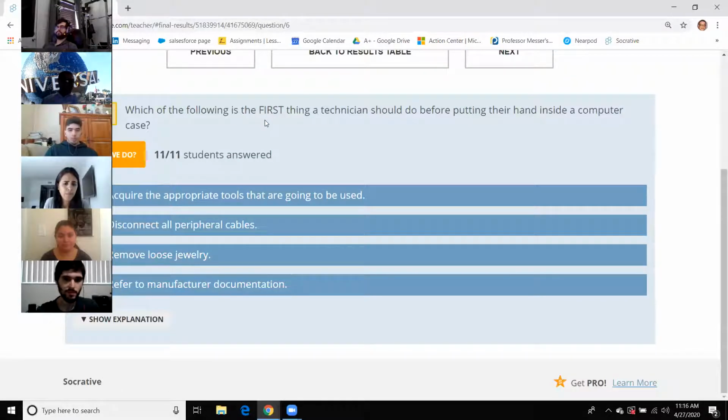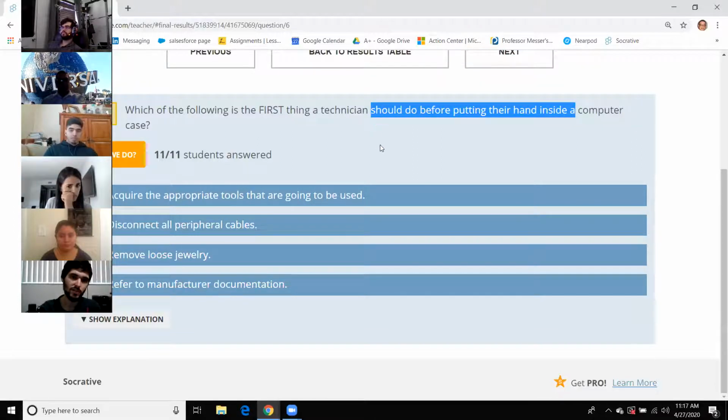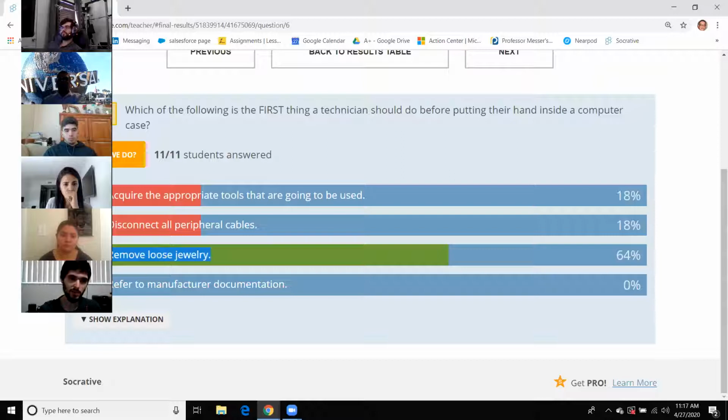Next one, Pablo. Which of the following is the first thing a technician should do before putting their hands inside a computer case? I put A, acquire the appropriate tools that are going to be used. Everyone agree that's the first thing a technician does before putting his hands inside a computer? I put C. Yes, remove jewelry.